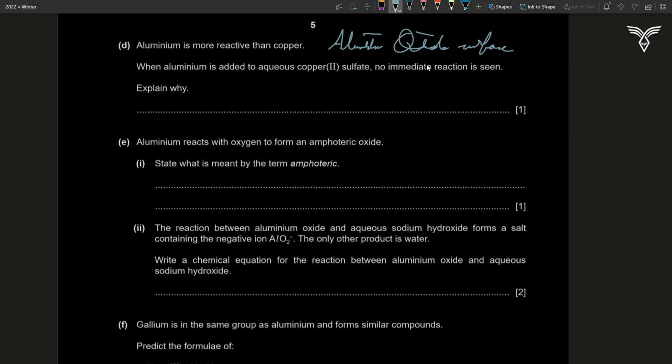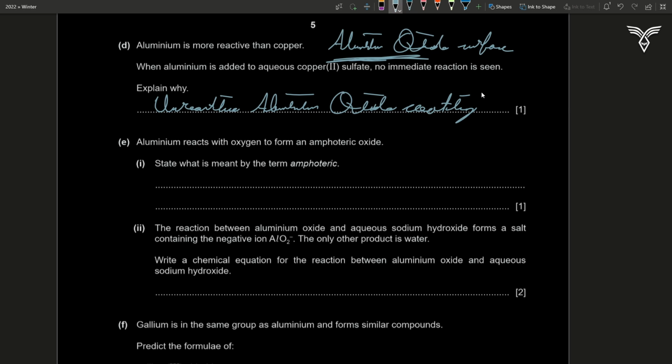So when something tries to react with it, it can't, because aluminum oxide is unreactive, so it can't react with the aluminum oxide and reach the aluminum. So explain why aluminum does not react with the aqueous copper sulfate: because of the unreactive aluminum oxide coating surface, whatever you want to call it.